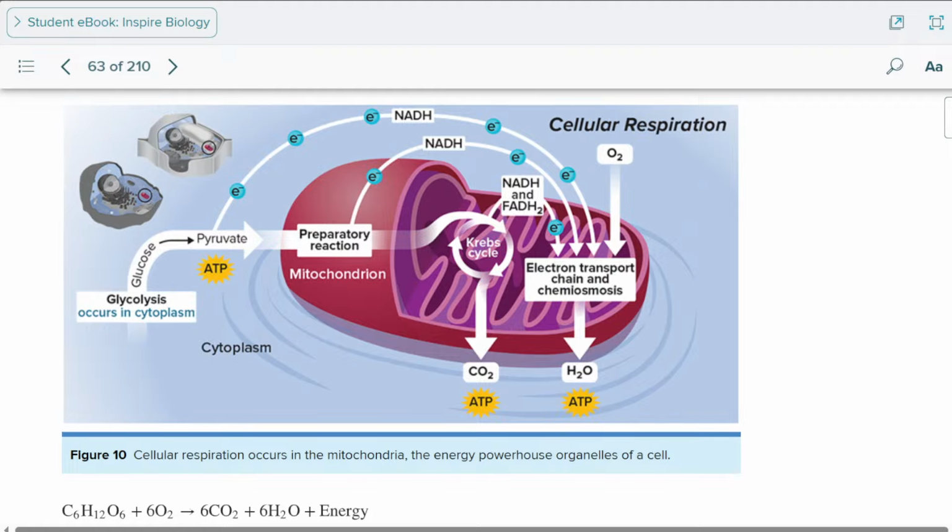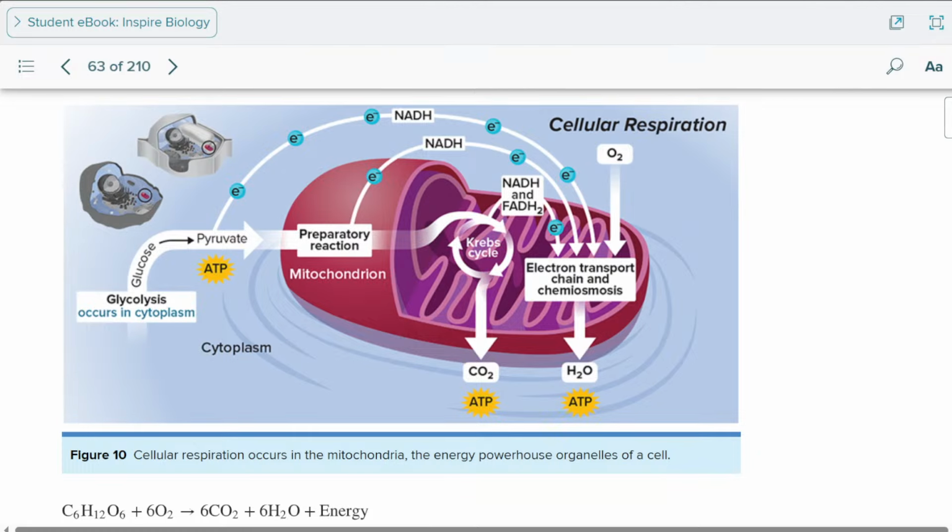So this happens before we begin. This is in the cytoplasm, also known as the liquid of the cell. Here it's going to turn the formula C6H12O6, take that 6 carbon and divide it into two, so it's 3 carbon and 3 carbon, and those are the two pyruvates.